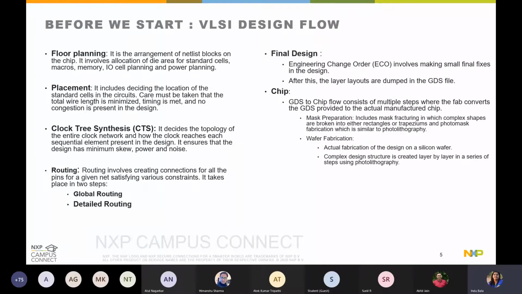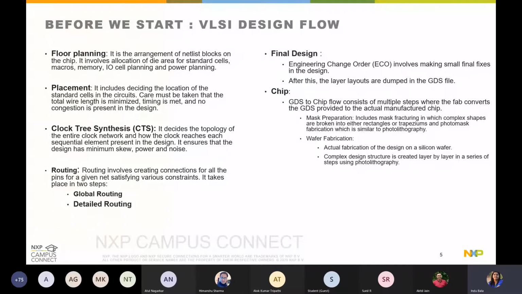Global routing typically takes more time and has more iterations, whereas detailed routing takes the optimized data from the global router and provides actual connections within the design.